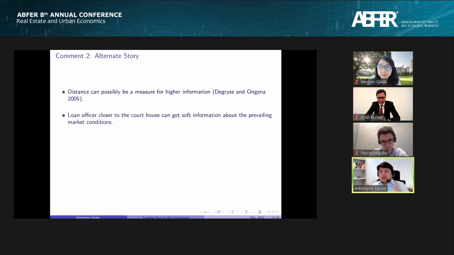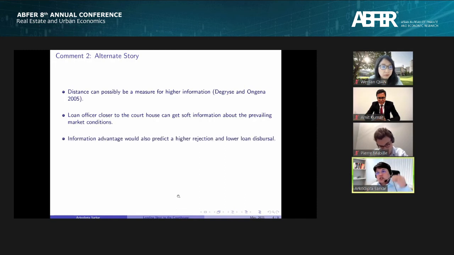So access to the salience of foreclosure news or foreclosure events can itself convey information about what the market conditions are, different from people who are not exposed to this news. And that would give an information advantage to the borrowers so that they could make their decisions based on this additional soft information which the aggregate county is not getting.